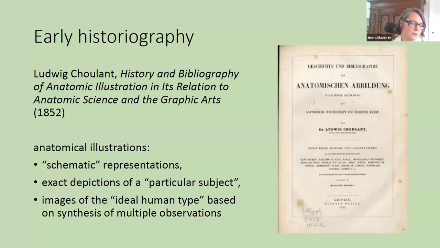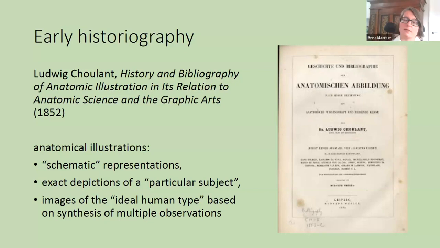In particular, he proposed a classification of anatomical illustrations into three broad categories. The first, schematic representations; the second, exact depictions of a particular subject; and finally, images of what he called the ideal human type, which should be based on the synthesis of multiple observations.